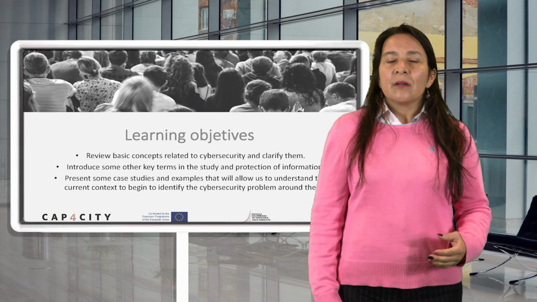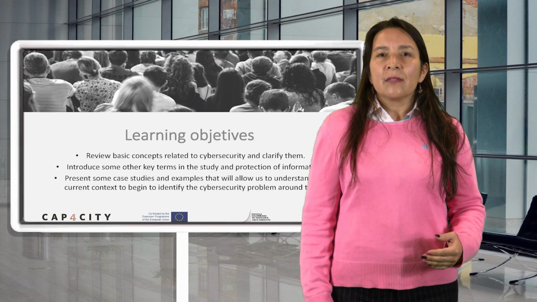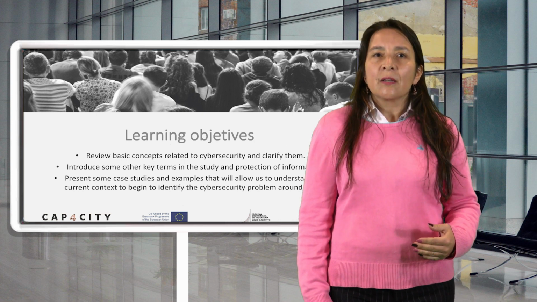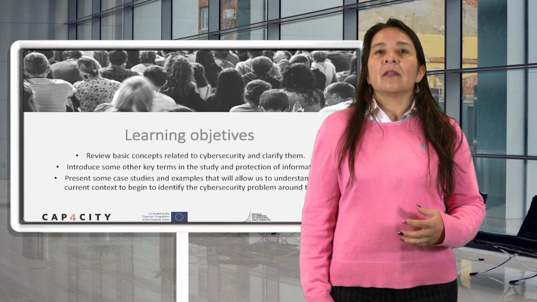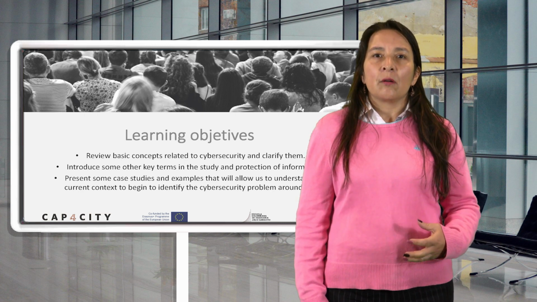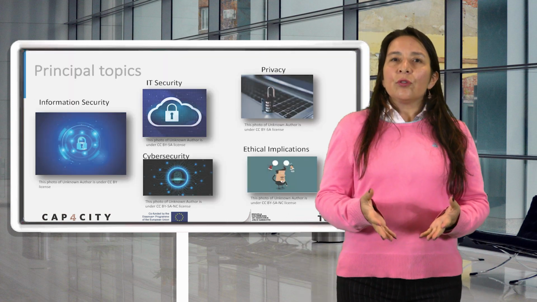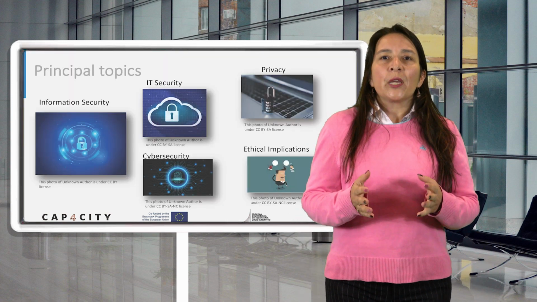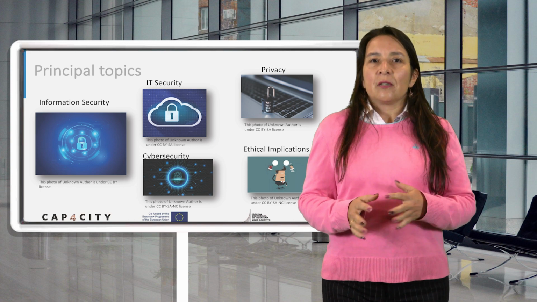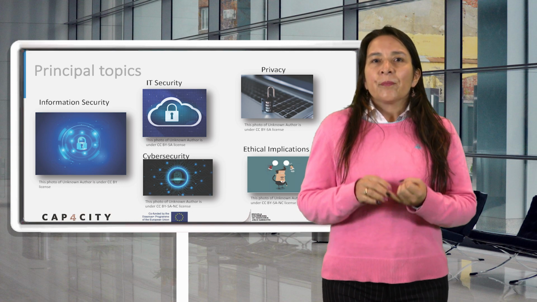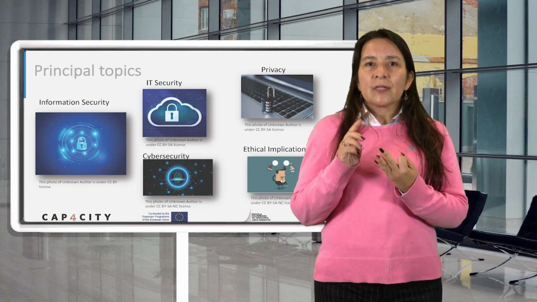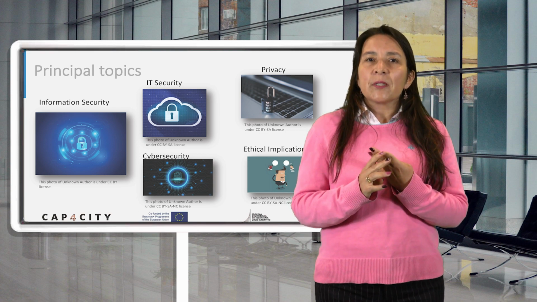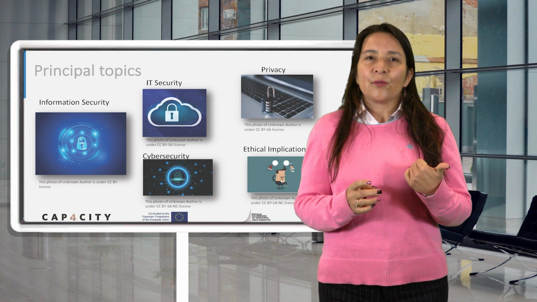And third, present some case studies and examples that will allow us to understand the current context to identify the cybersecurity problems around them. According to the previous learning objectives, we have to understand 5 essential concepts: information security, IT security, cybersecurity, privacy, and ethical implications.